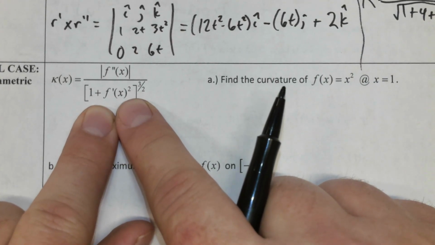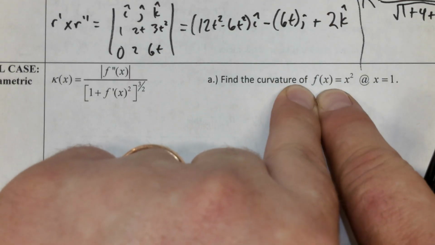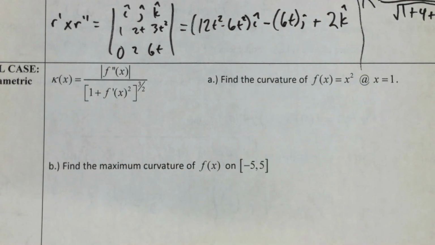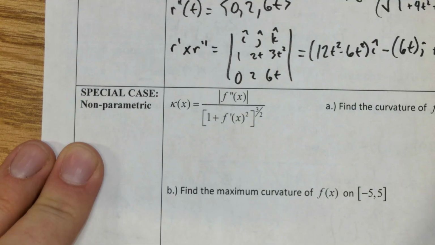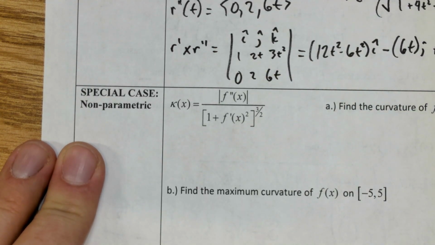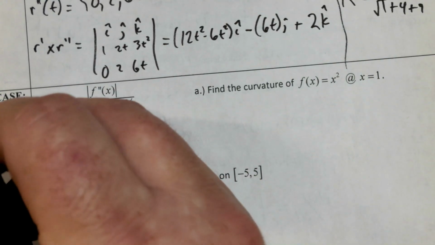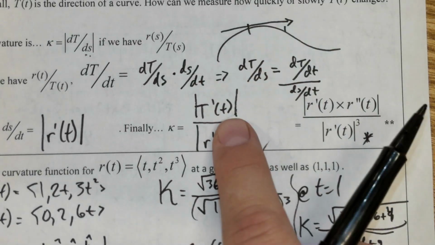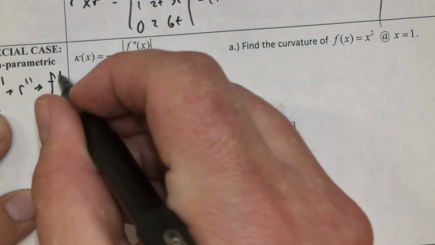Now, we have a special different formula when things are f of x. When things are not vector defined functions and they're just regular defined functions, I can find the curvature. And just think about it this way. When I'm doing this numerator, which is r prime cross r double prime, on a function like this, you could really think that r double prime is the same as f double prime.